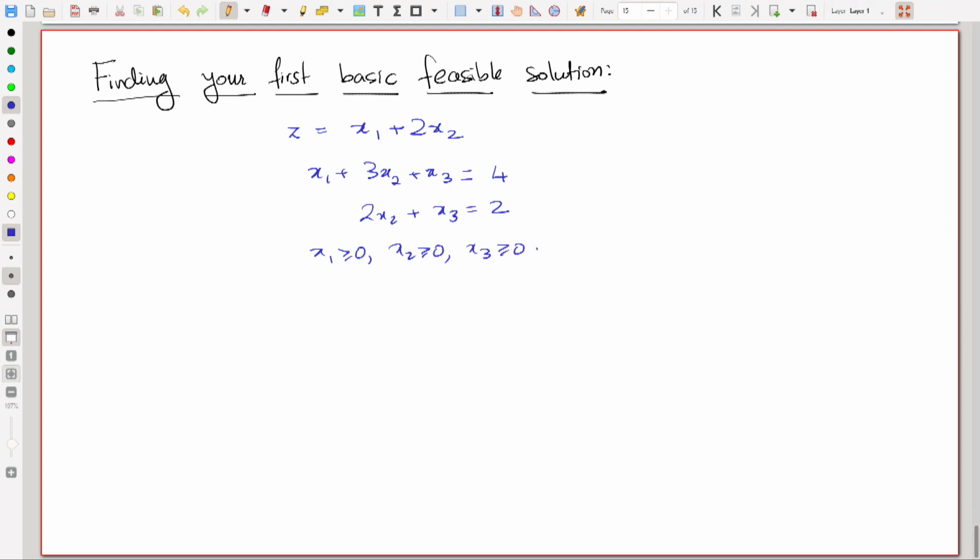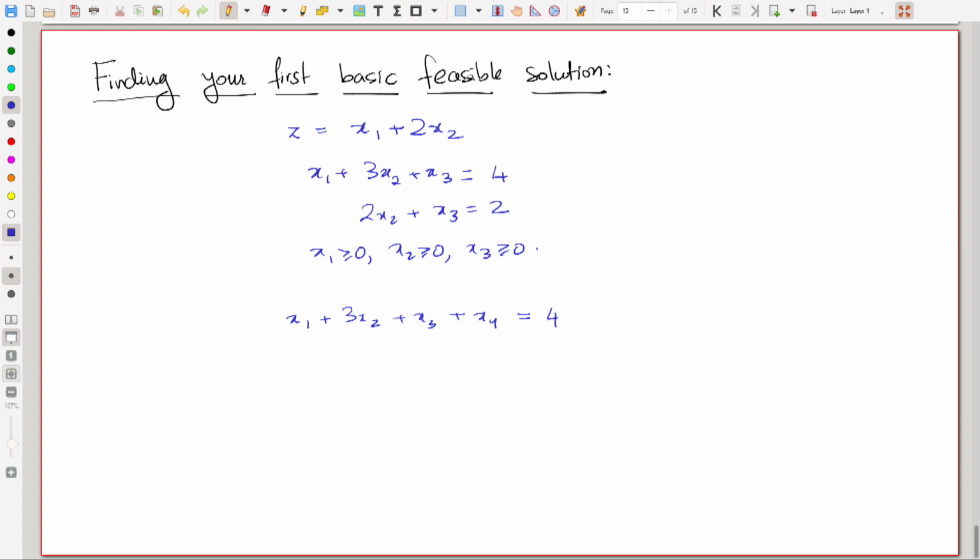Now I want to find a basic feasible solution for this, right. It may not exist or it may exist. So, what I do is I add some variables which measure the gap from feasibility. I want x 1 plus 3 x 2 plus x 3 to be equal to 4, but maybe it is not equal to 4. So, let us put that gap, I will introduce a variable for that. So, let us say x 1 plus 3 x 2 plus x 3 plus x 4 is equal to 4.